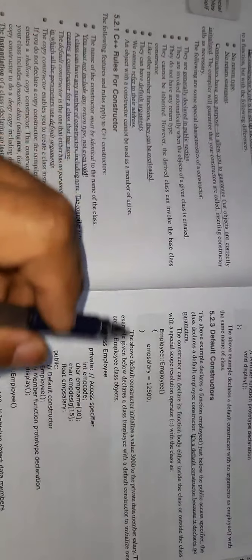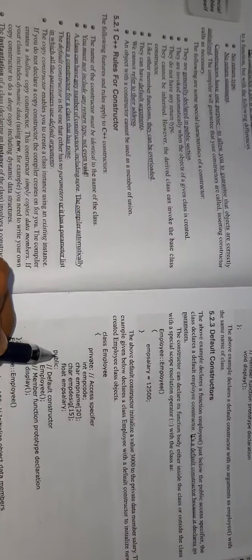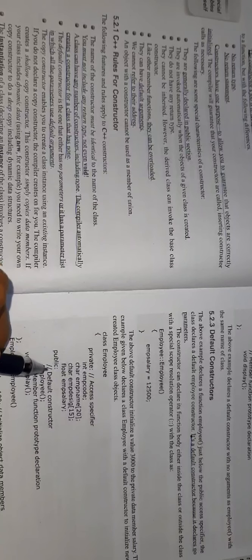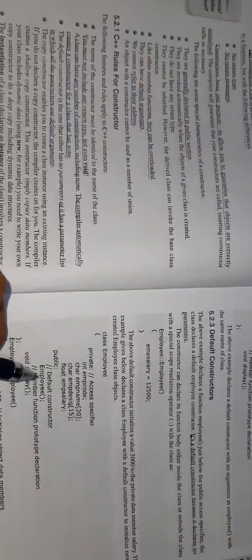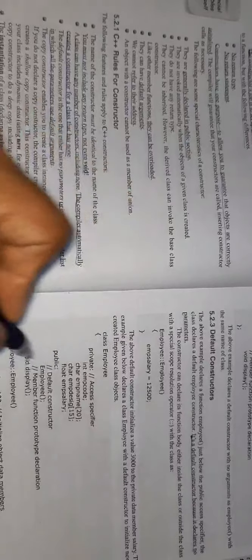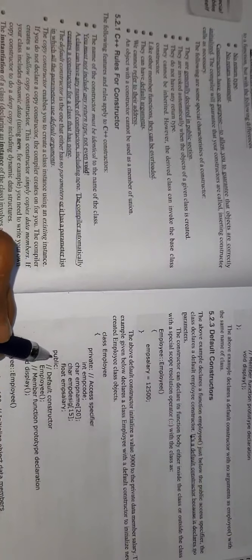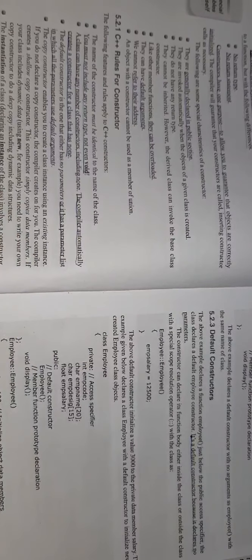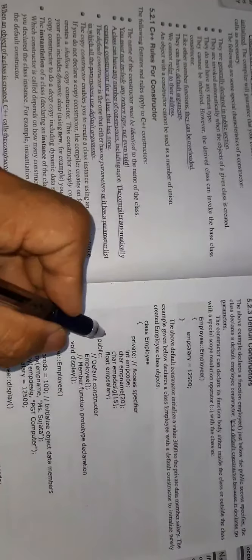If we declare this constructor as private, there is no way that you can access these member functions outside of the class. This is declared inside the class, so private data members or private member functions cannot be accessed outside of the class. And who accesses outside of the class? The object. So if the constructor is declared as private, how can the object access this private member function?